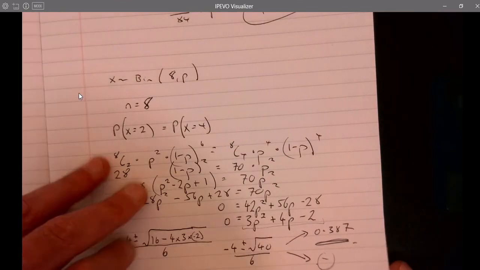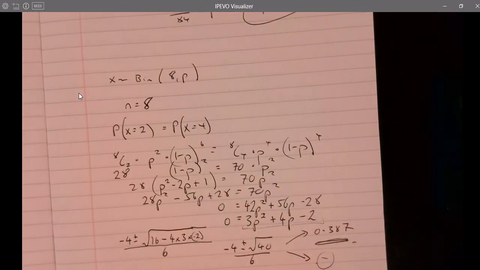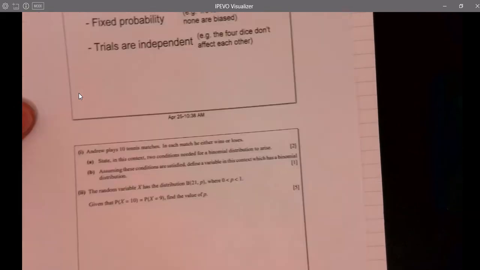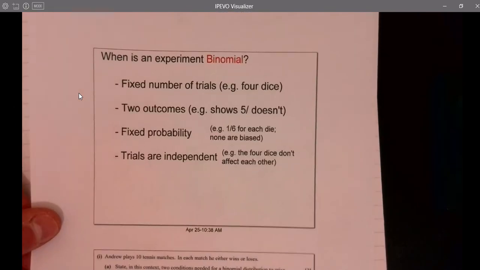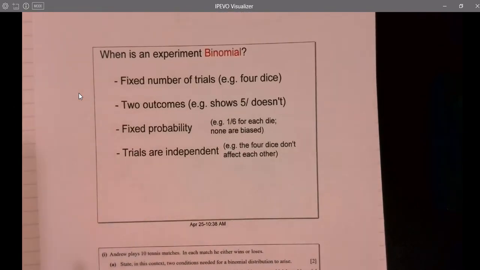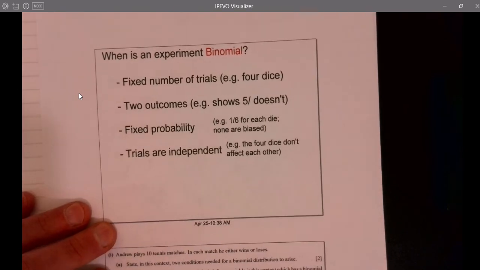Right then, let's have a look at the next bit of this sheet. Next sheet I've got for you. We talked about when does something become a binomial. So what are we looking for?